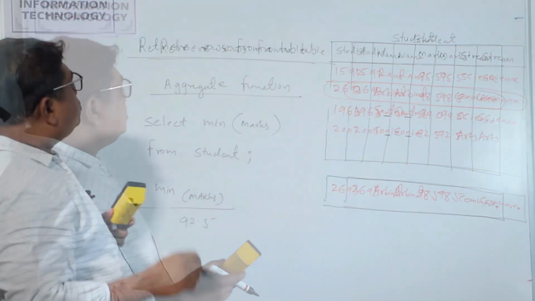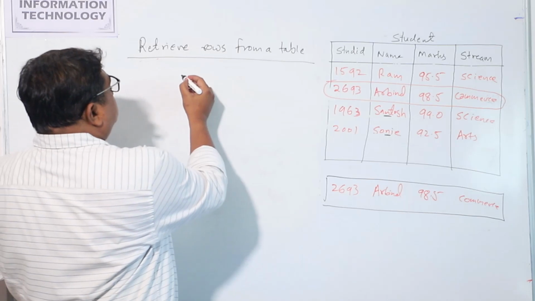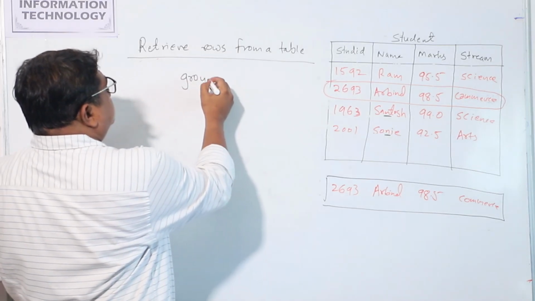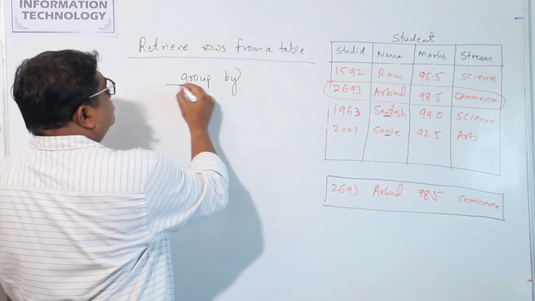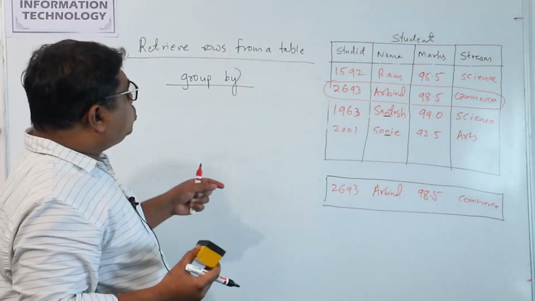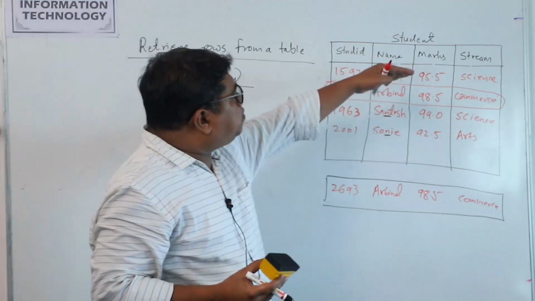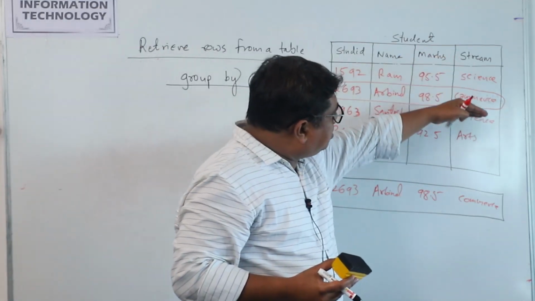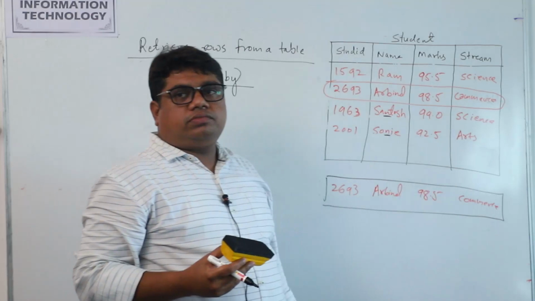Okay, so this is how we use the aggregate function. Now we will study group by. This group by is used to group the column values.